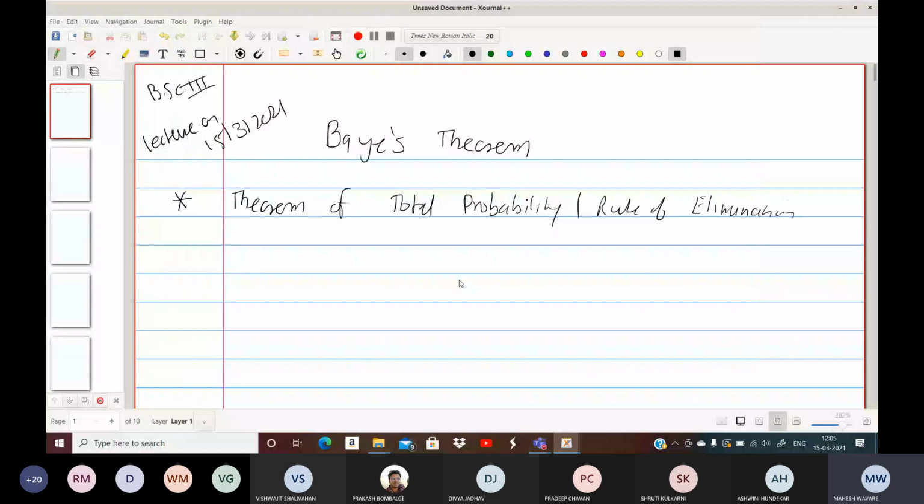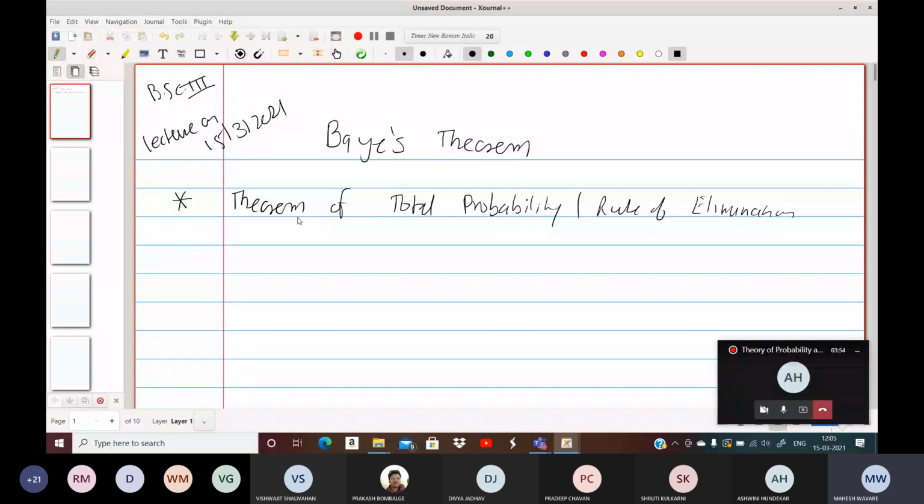So there are some sets which constitute a partition for your sample space, and everybody is non-empty. That's why their probability is also non-zero. And then with the help of these, some event occurs in the sample space. The probability of that event will be computed by using those partitions. That is the rule of elimination, or total probability theorem.